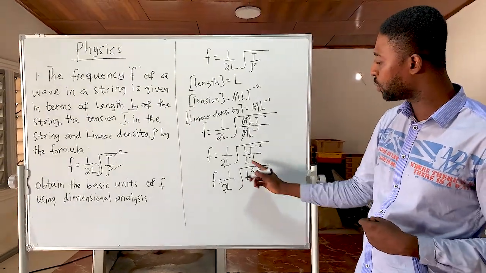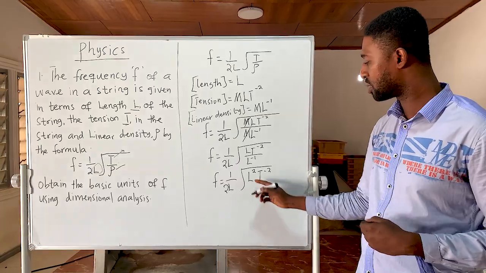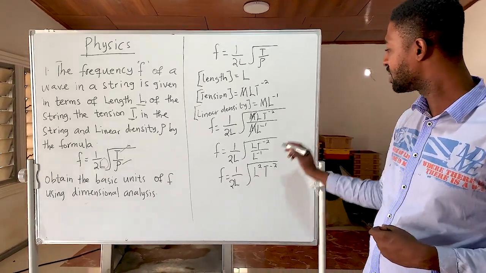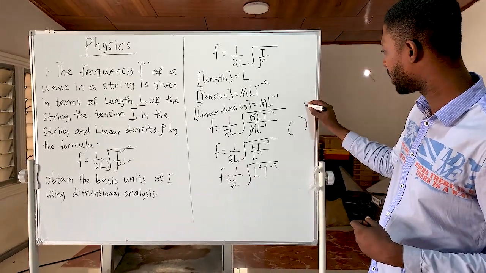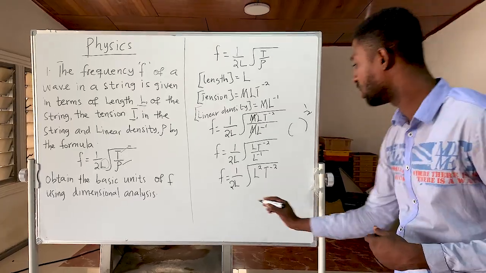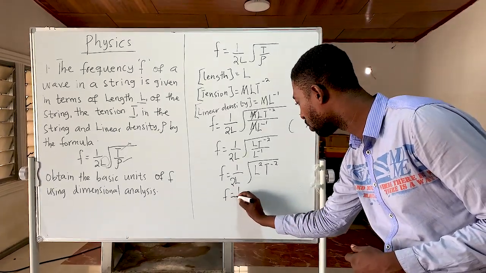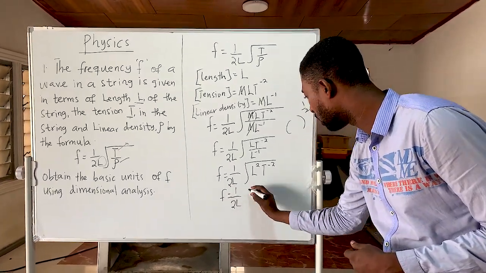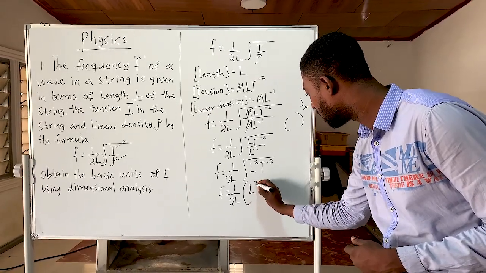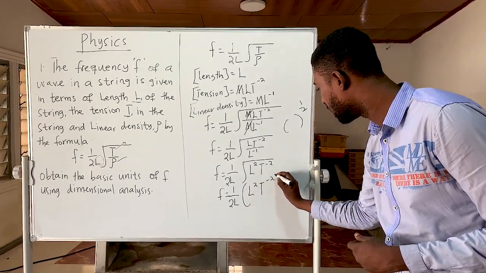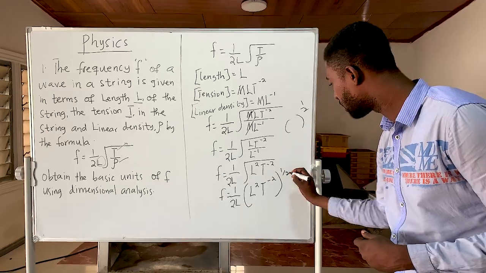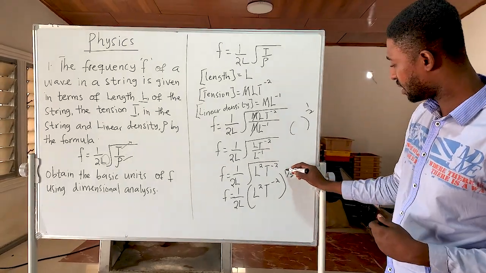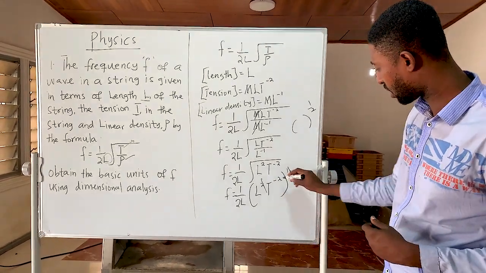So I need to find a way to remove the root. So here, remember, root is the same as half. So you can bring the bracket and put half. So I can have F is equal to 1 over 2L, L squared T minus 2 all half. So here, this will cancel this, and it will cancel this.